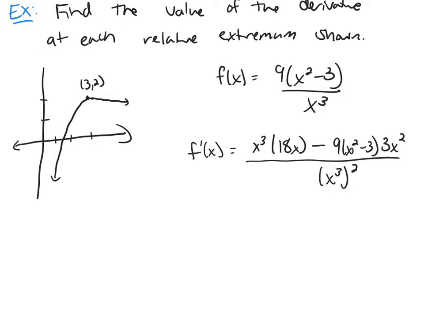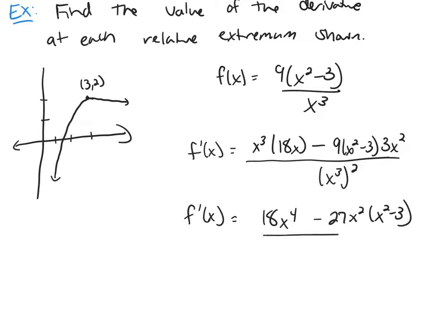So it looks like f prime of x is 18x to the 4th minus 3 times 9 is 27 x squared minus 3 over x to the 6th.